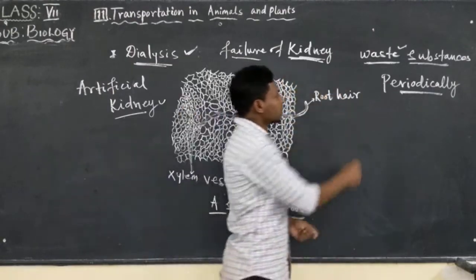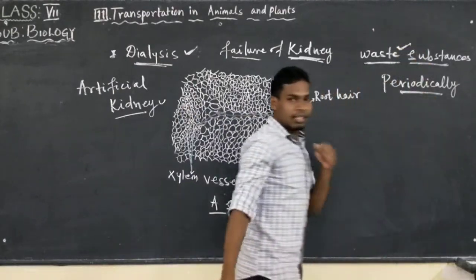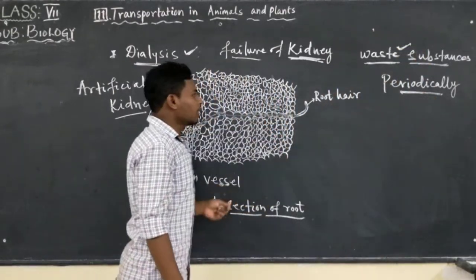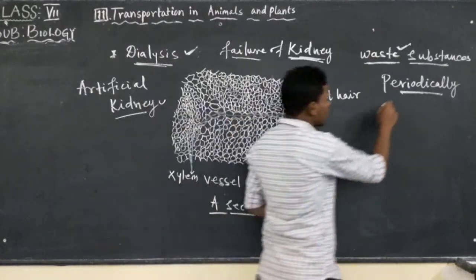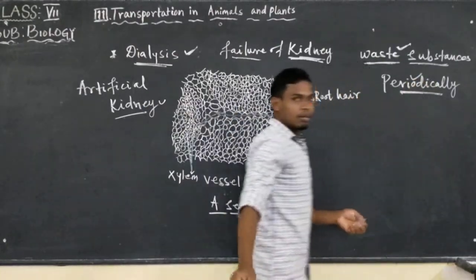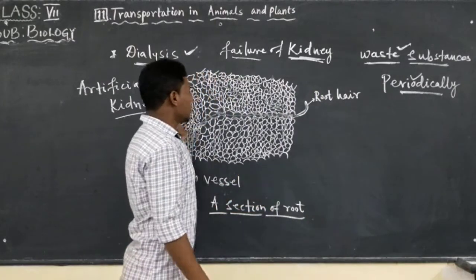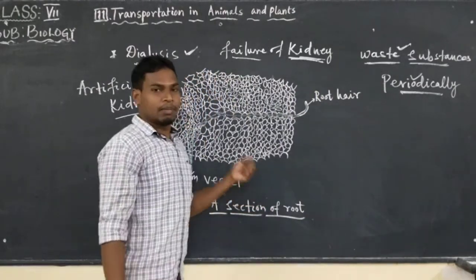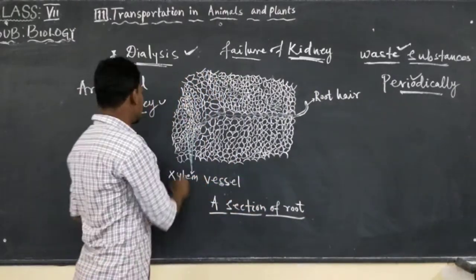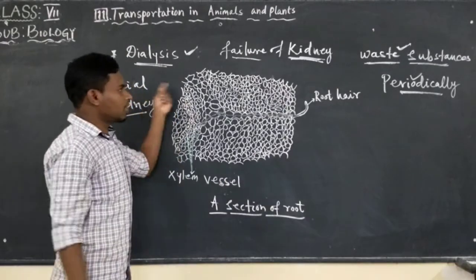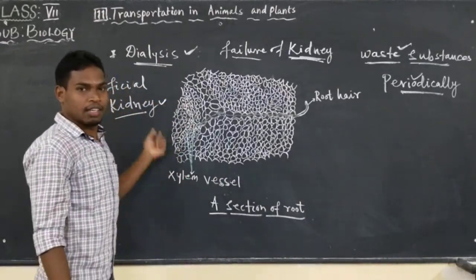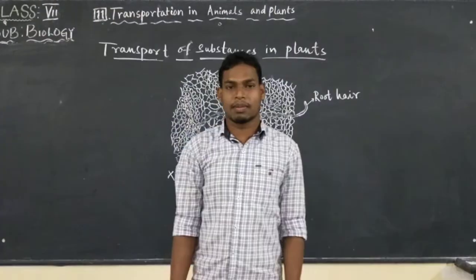All these waste substances are accumulated in the blood, so this is done periodically in order to keep the patient alive. This process is known as dialysis, the artificial kidney.